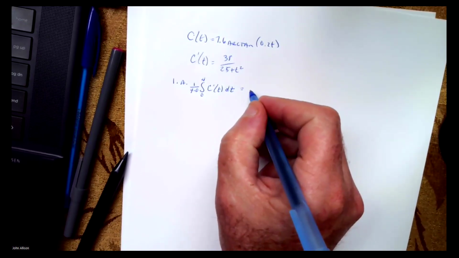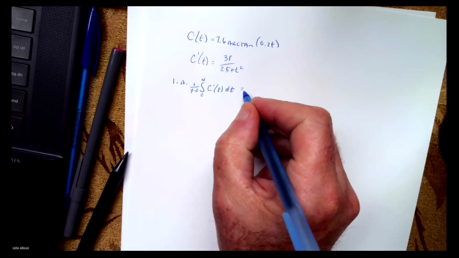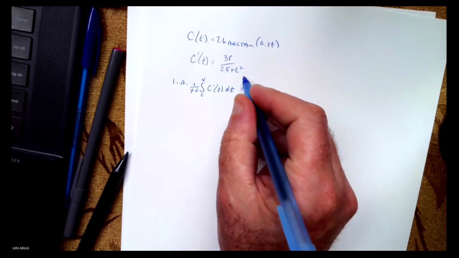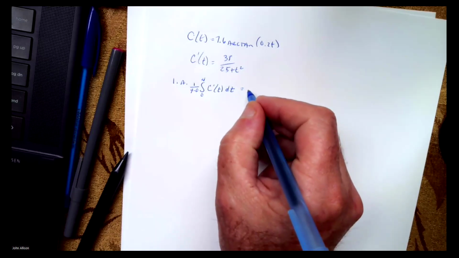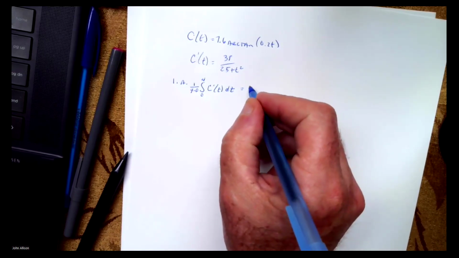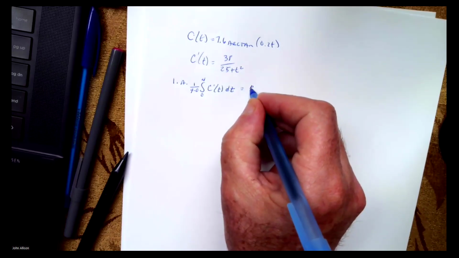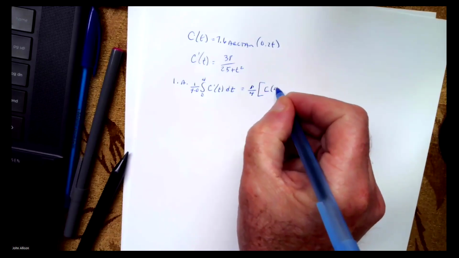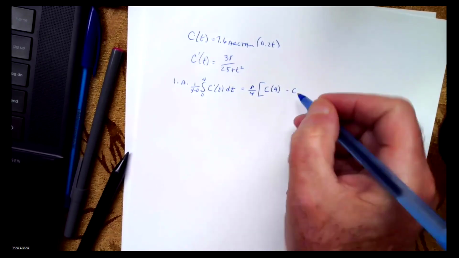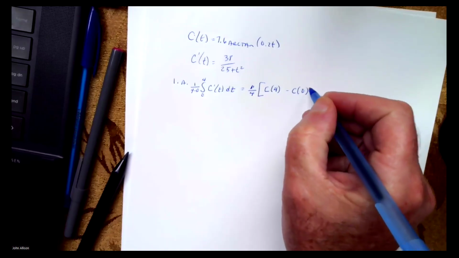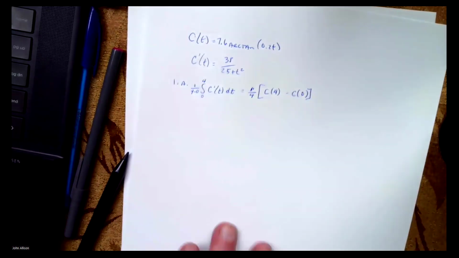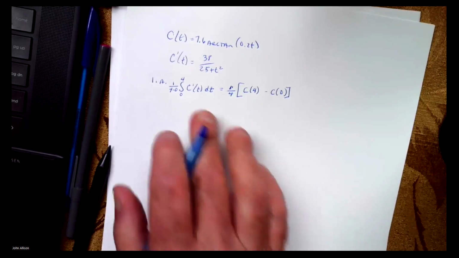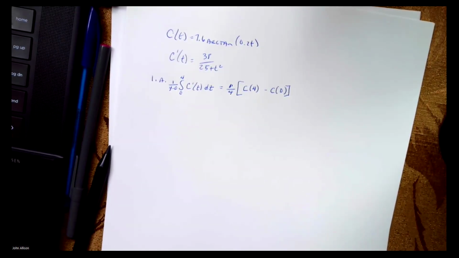So we can do this. I'm going to have to open up a calculator on the computer here because I don't have one with me. But I will enter that in the calculator. And then we will see also that that is going to be 1 over 4 times c of 4 minus c of 0 by the fundamental theorem. So that should give us a pretty easy answer. We can calculate that real quick.